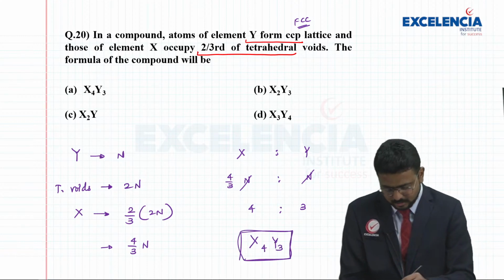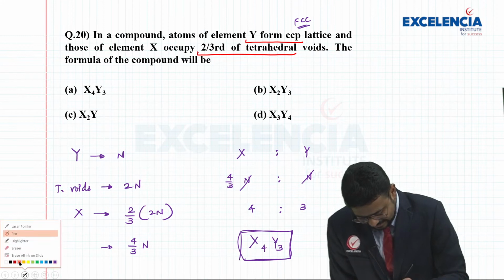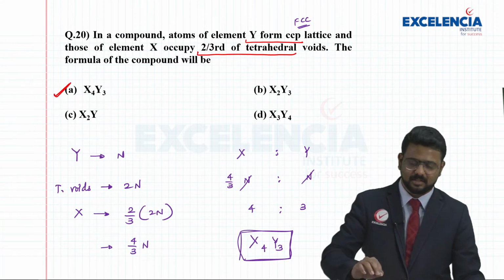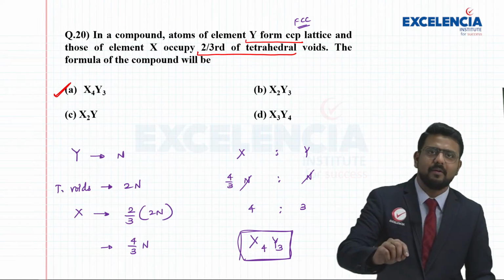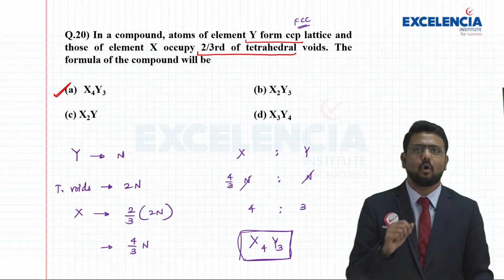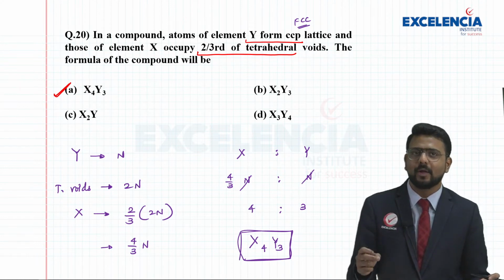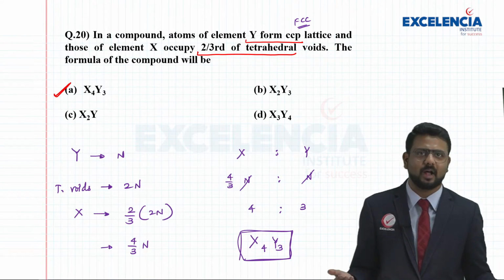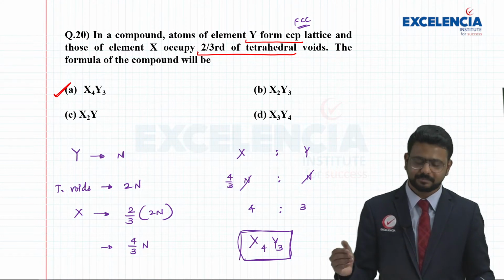Direct, straightforward, okay? So definitely option A is going to be your correct answer. The way we have discussed tetrahedral voids, in exactly a similar way they can ask you any question based on octahedral voids. You should know the correlation and how to apply it, and then simply take the ratio, and you will get the answer for the molecular formula.